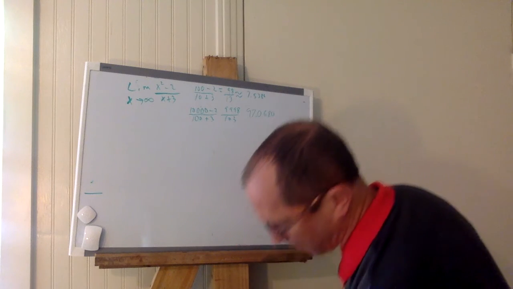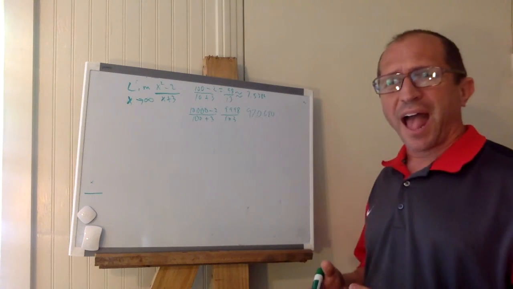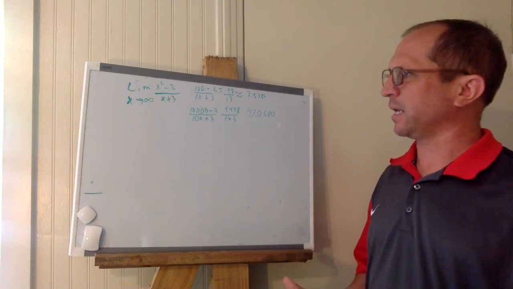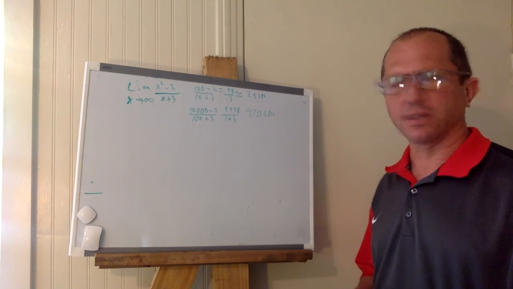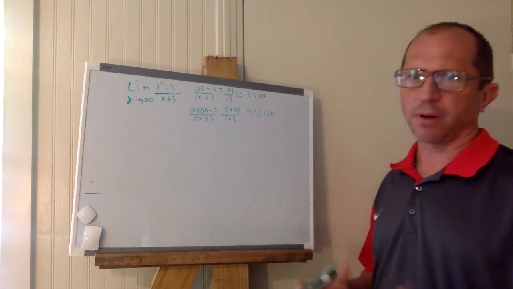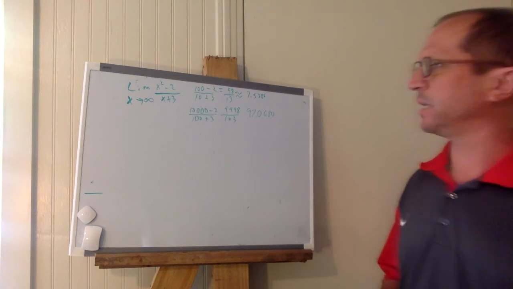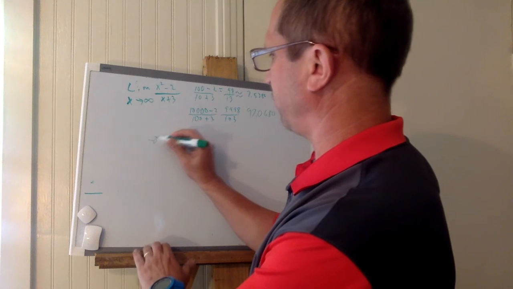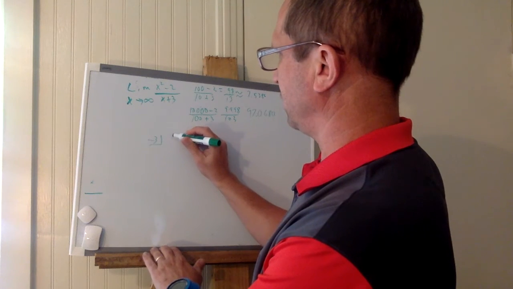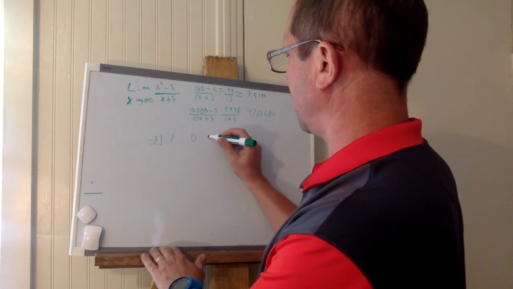Now, we looked at two examples earlier. How infinitely large are we getting? We can use synthetic division to get an approximation. Let's take -3 and divide it into 1, 0, and -2.